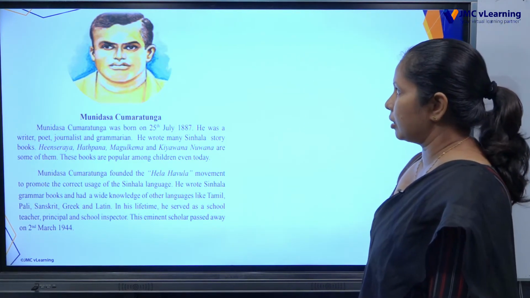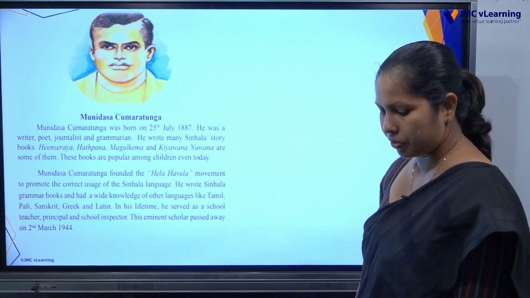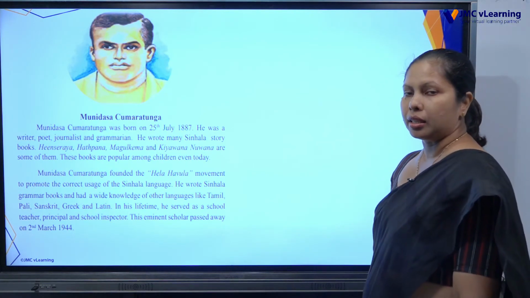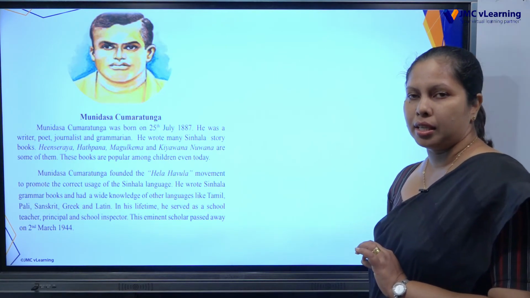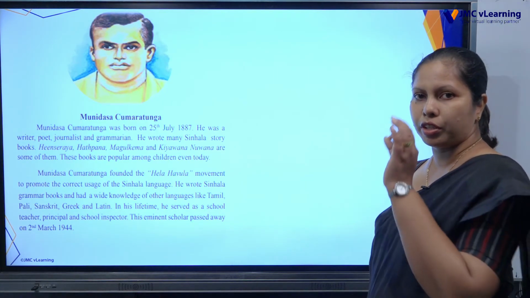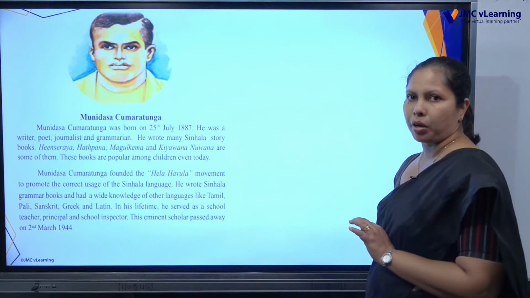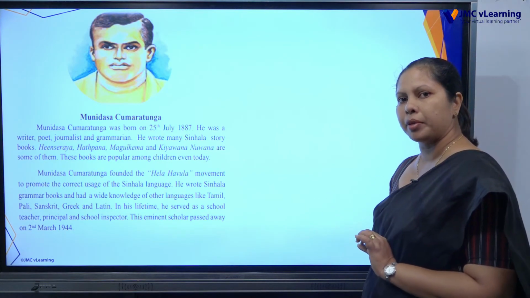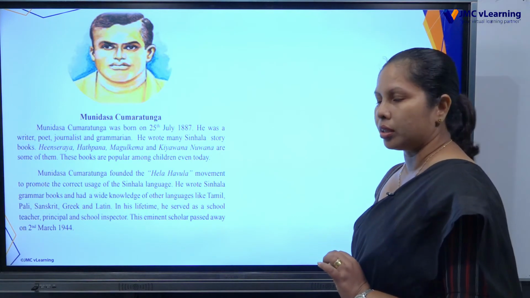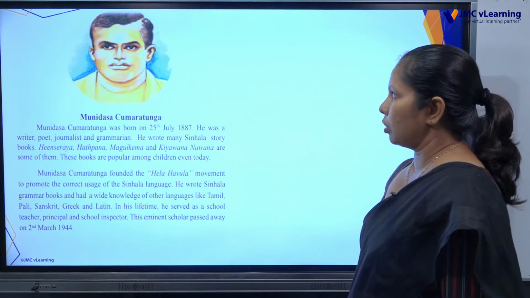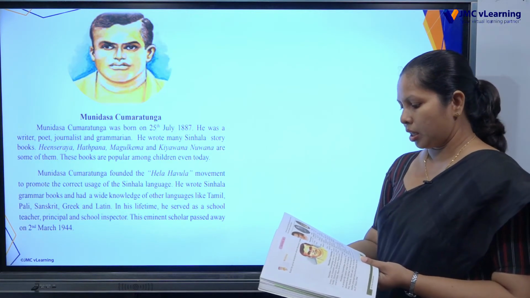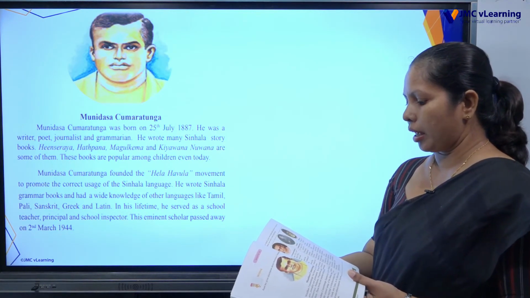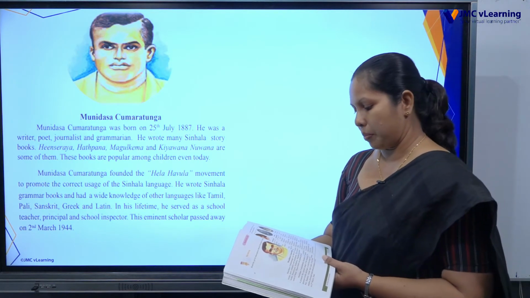So, like that, if you go to page number 59, you will see there are some famous characters in Sri Lanka, and they have given you some details about them which you need to use in your own words. So, they have given about Ananda Samarakon, Ananda Kumaraswamy and Siddhi Lebbe.